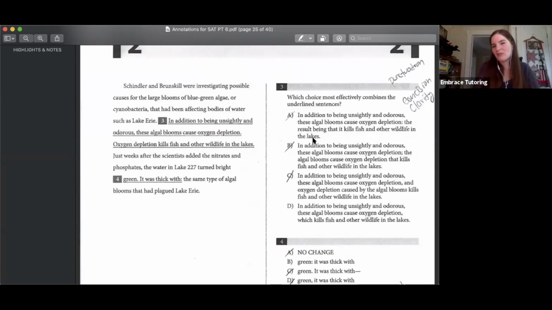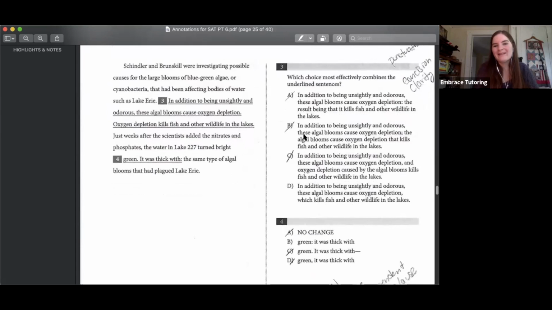It might make you think it's correct, but you don't use a colon to set off a complete independent phrase. You would use it to add additional information, clarify, or that kind of thing, but it's not appropriate here. In the second one, they do use a semicolon.